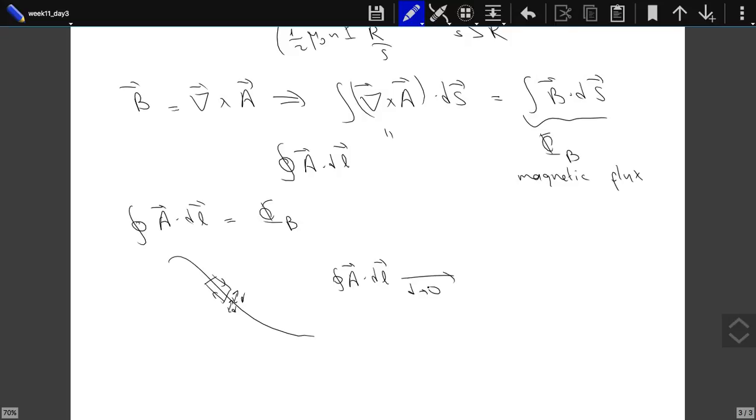As d goes to 0, the area goes to 0, so the magnetic flux goes to 0. So as d goes to 0, this integral should be 0. Well, this condition tells me that the change in the tangential component of A across this surface is 0, or A tangential is continuous.